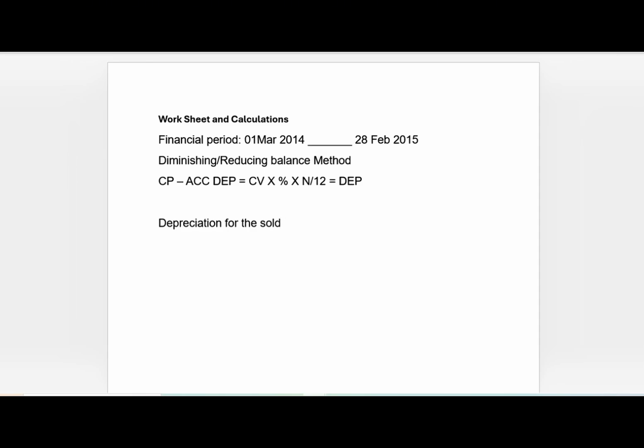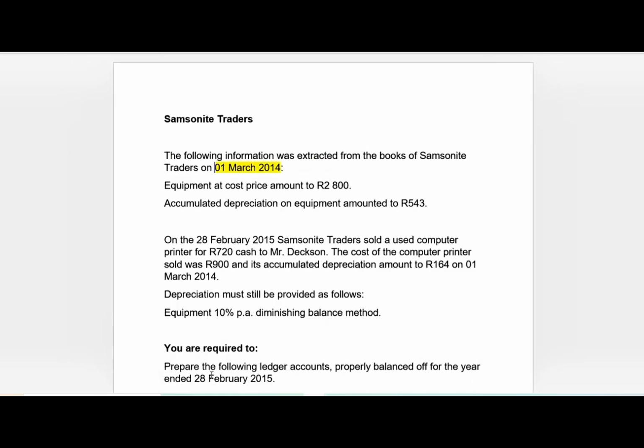Remember, the sold equipment was there for the whole year, because the question says the 28th of February 2015, and remember this date of the 28th is the closing period, right? Samsonite Traders sold a used computer printer for $720.